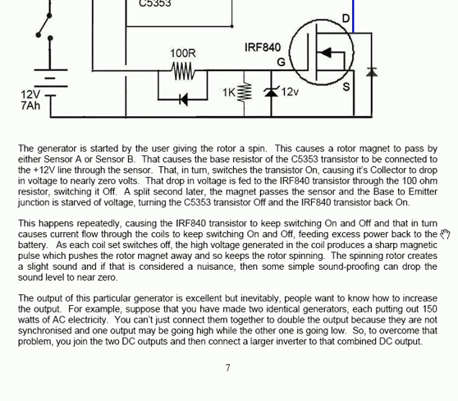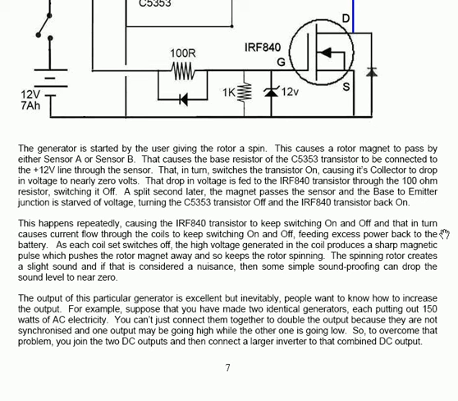The coils, when they get switched off, generate this large voltage pulse across the coil, and that produces a short-lived, very large magnetic field, and that magnetic field occurs just after the magnet passes the core of the coil.